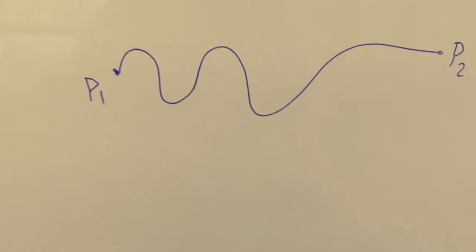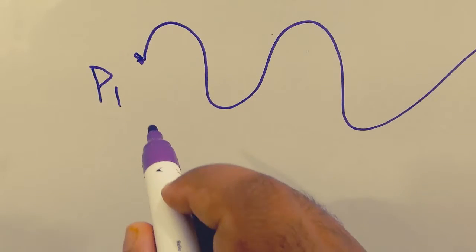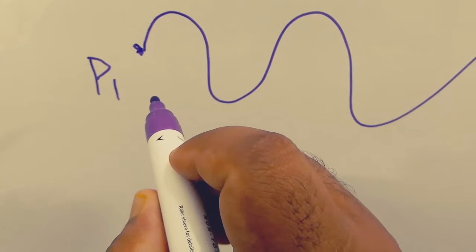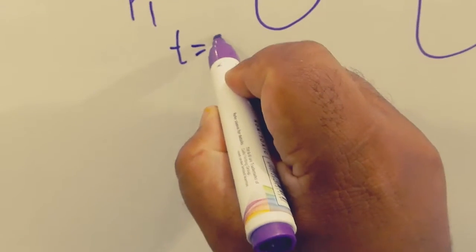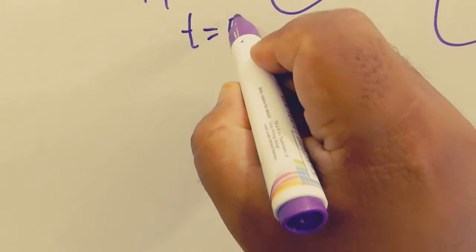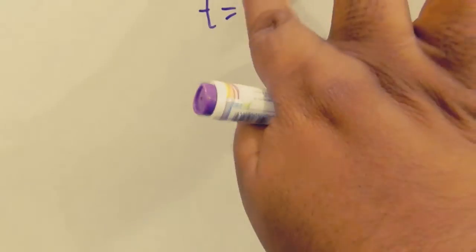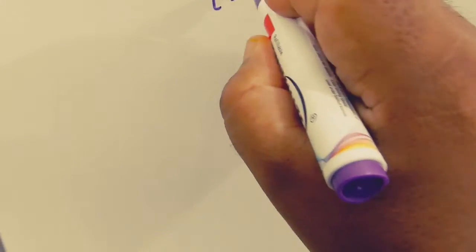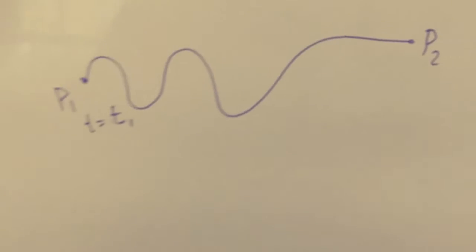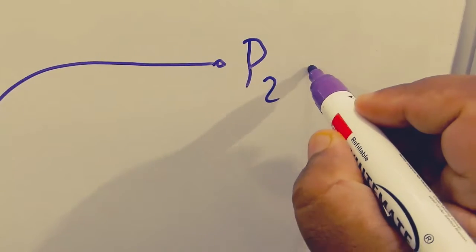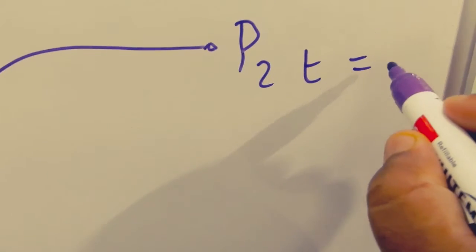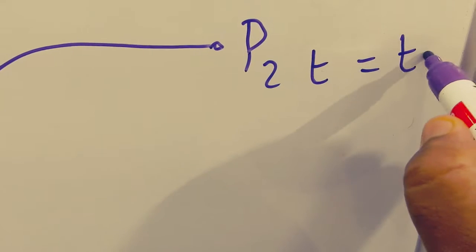When the mosquito started flying from P1, the time was t equal to T1, and when it reaches point P2, the time is T2.